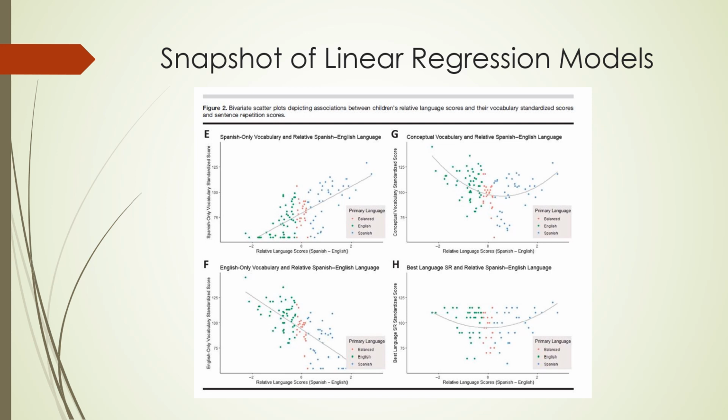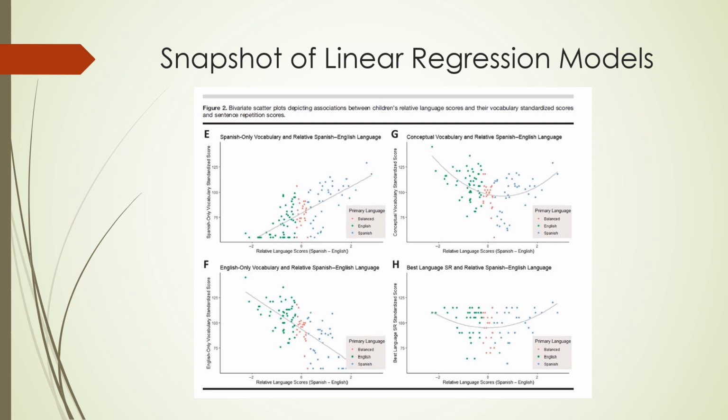So as you can see here in figure 2, this set of scatter plots is for the students' standardized vocabulary scores in comparison to their relative language, and also for their sentence repetition scores. They're actually quite similar to the last set.